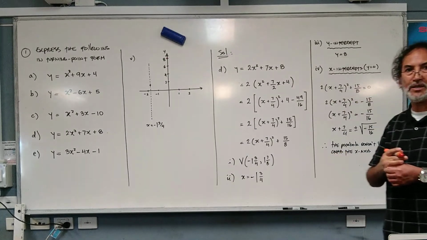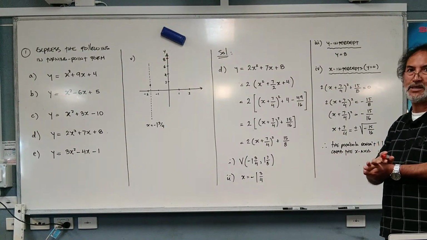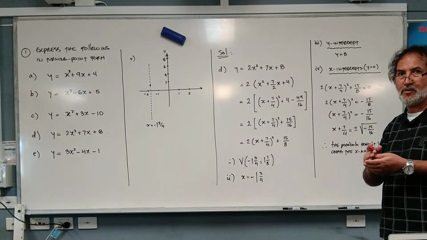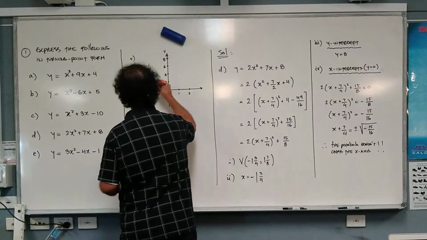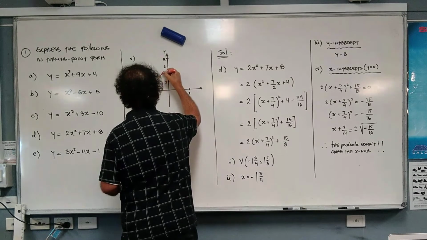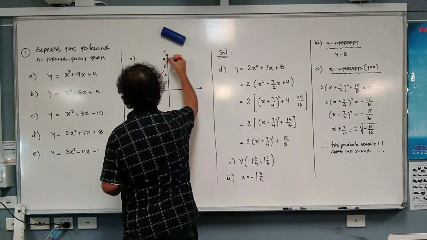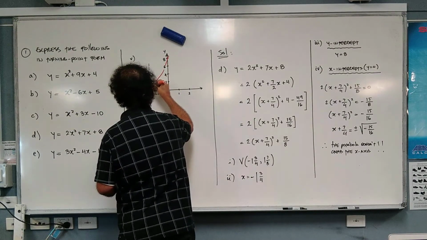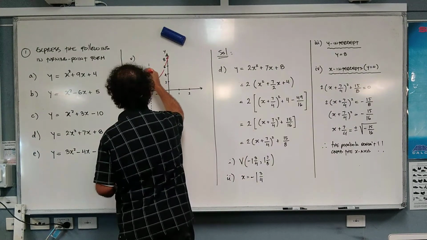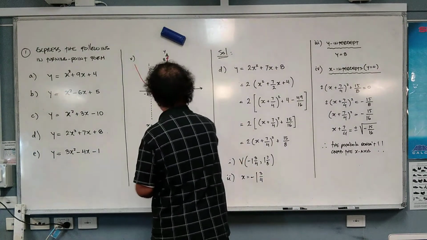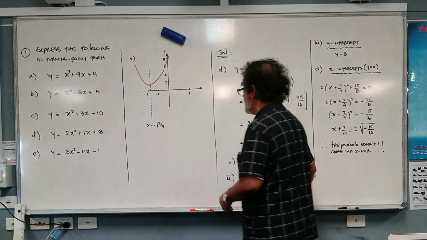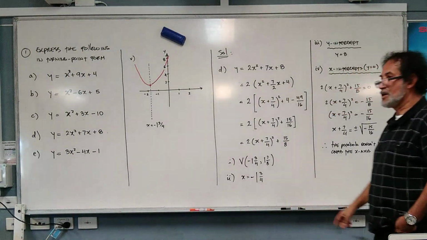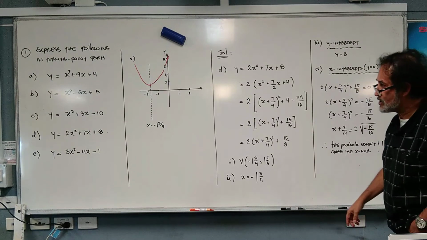It will always cross the y-axis, no matter what. Then we'll do the picture in the best possible way. So it's going to look something like that. Now you're going to do the same with question E.